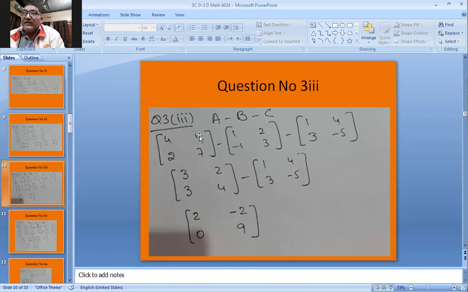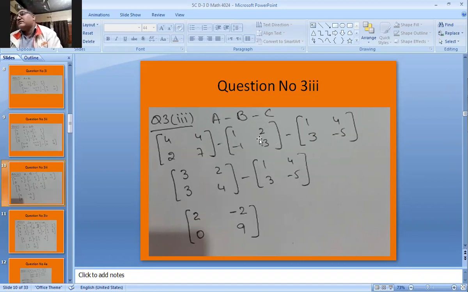First of all, I will solve these two. So 4 minus 1, 4 minus 2, 2 minus minus 1, it will be 2 plus 1, and 7 minus 3, that will be 4.